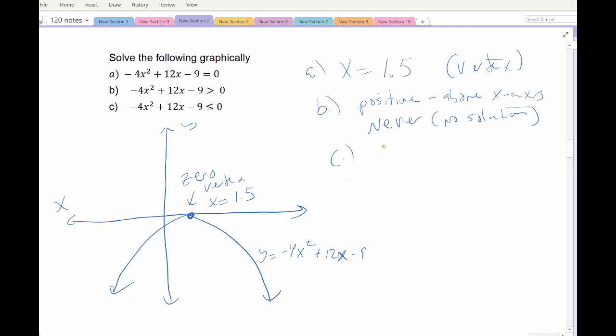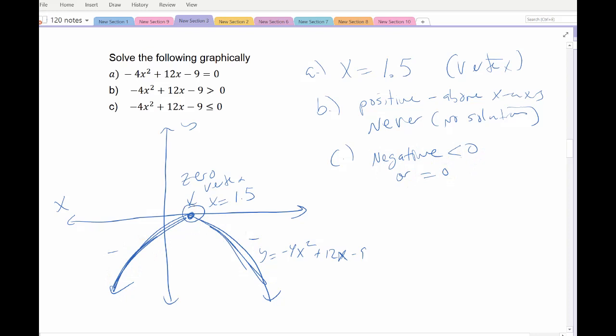C, when is it negative or equal to 0? I do have equality, right? I want it to be less than 0 or equal to 0, so I get to include the 0. That's what the equal to means. Well, it's always negative here, always negative here, and it happens to be 0 there.